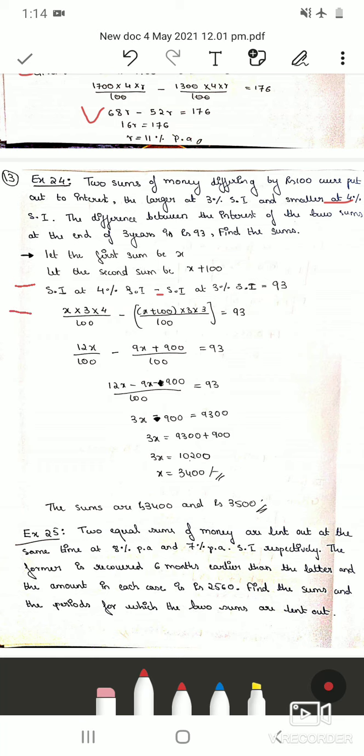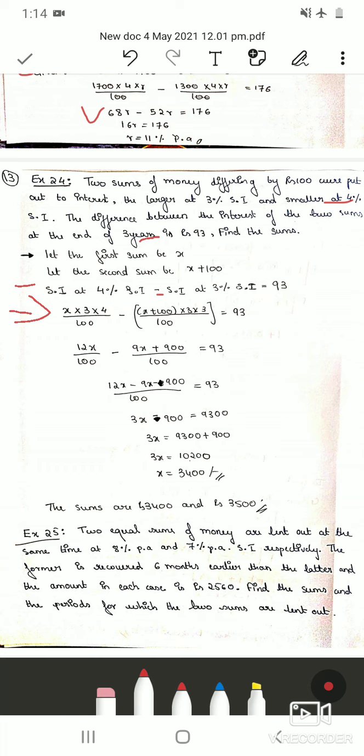So we will substitute in the formula of simple interest, PNR by 100. Here P is the first sum, which is x, into the period of 3 years for both the rates. So it is 3 years into rate of interest 4 divided by 100, minus, here the sum is x plus 100 into 3 and the rate is also 3 divided by 100, is equal to 93.